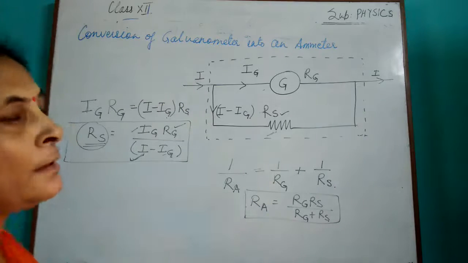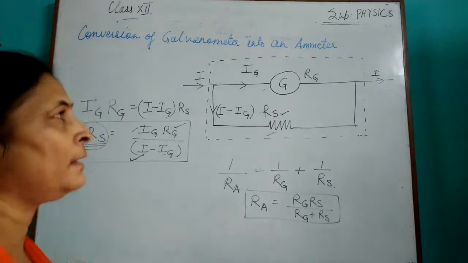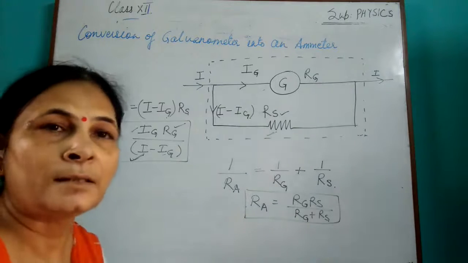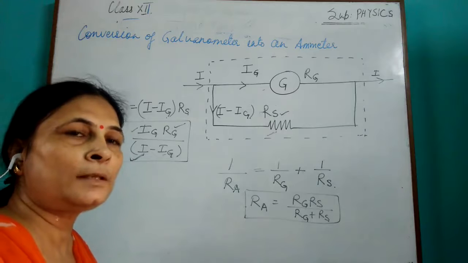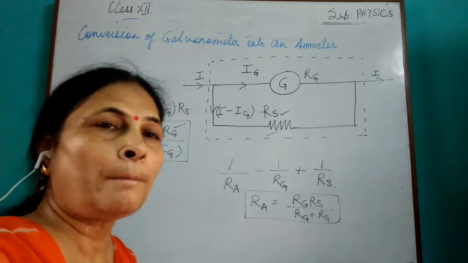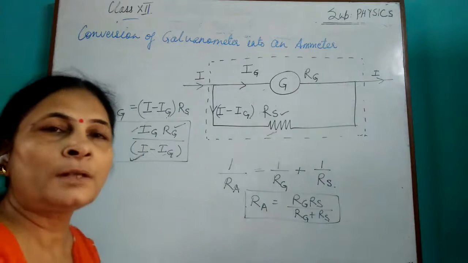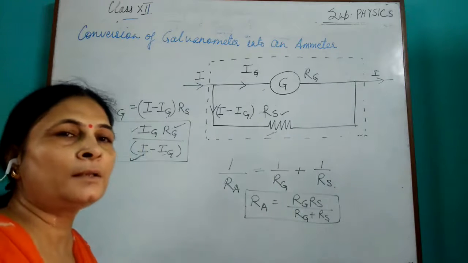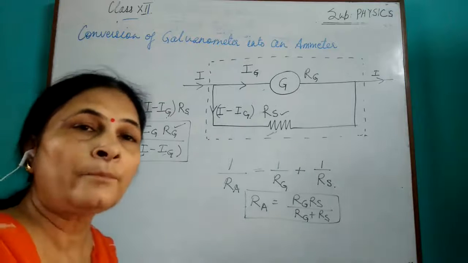So when we connect an ammeter in a circuit, it is always connected in series. Whenever we say a circuit diagram is to be made, you always see that an ammeter is connected in series and a voltmeter in parallel, because the ammeter has low resistance, so it can be connected in series, but since a voltmeter will have high resistance, it has to be connected in parallel.